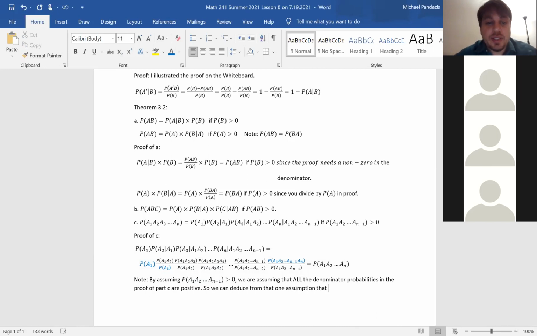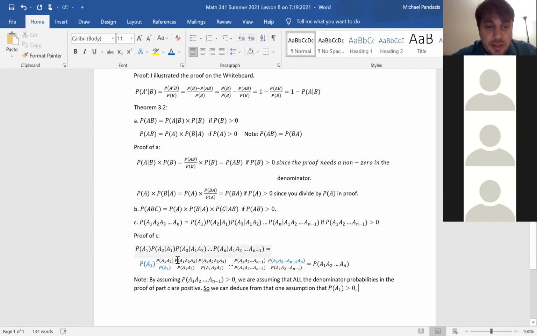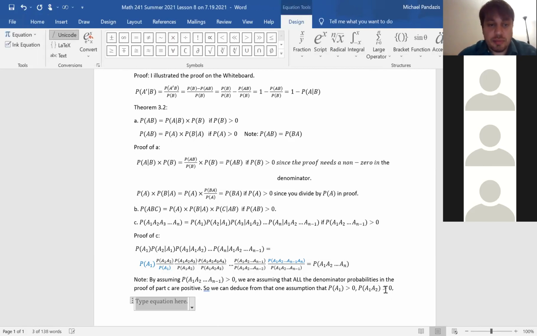P of A1 is positive, that P of A1, A2 is positive, that the probability of A1, A2, and A3 is positive, and so forth, up to including P of A1, A2, dot, dot, dot, A sub n.